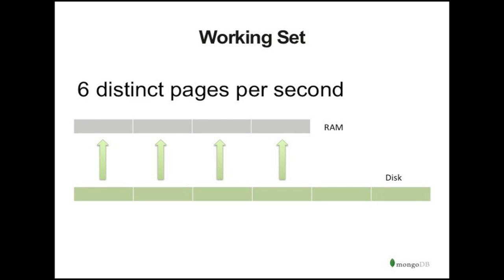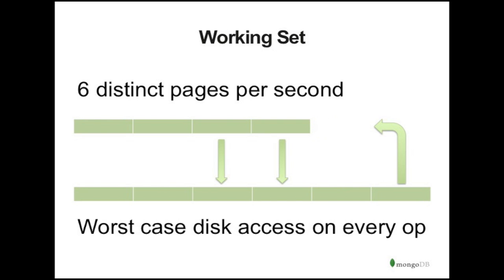But if you have 6 distinct pages and you only have room for 4, you probably need to ask for some other page. That page will need to be evicted and then we get the second one.